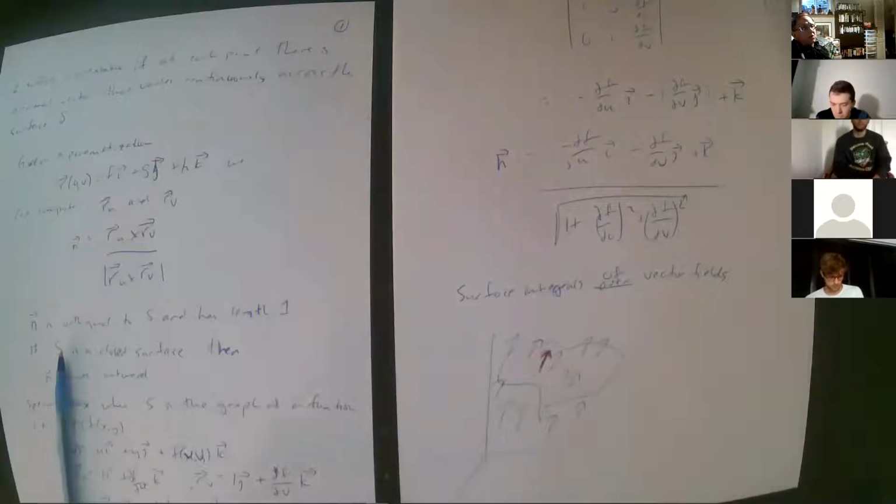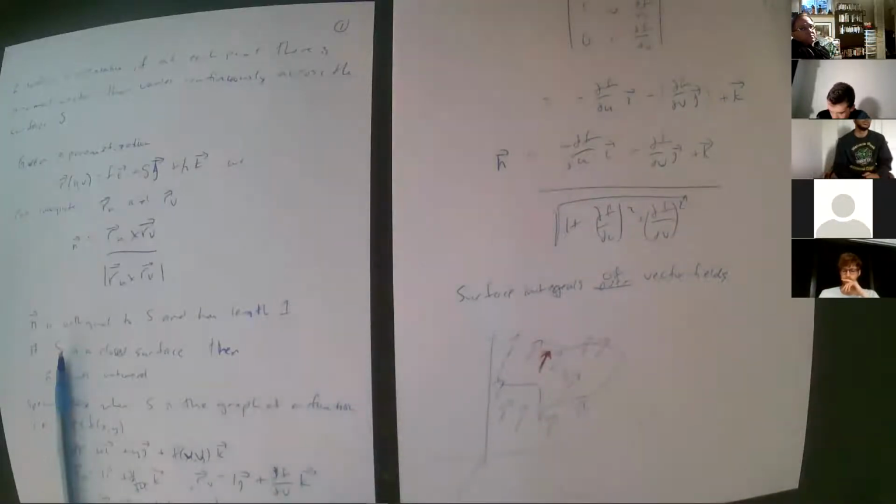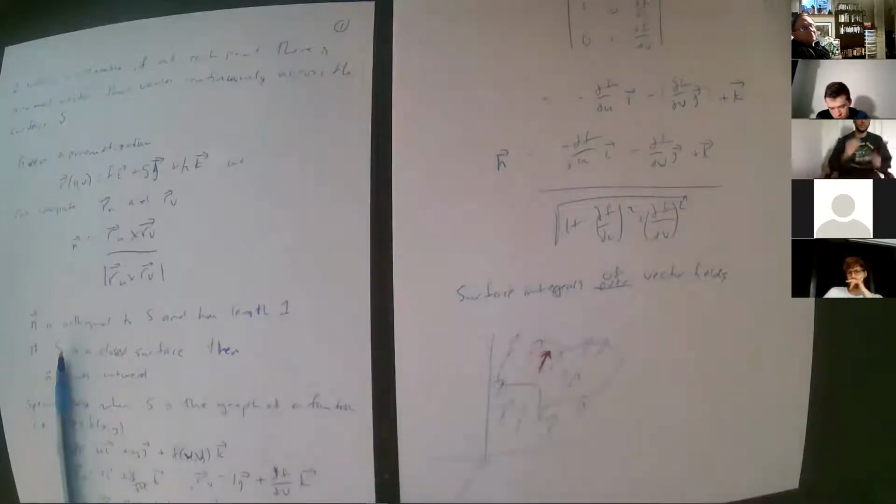But the normal vector will vary from point to point along the surface, correct? The normal vector's length does not vary, but its direction does. That's a very important point, because imagine, I've said this a million times, what happens when I take a really small box? What is the direction of the normal vector there?